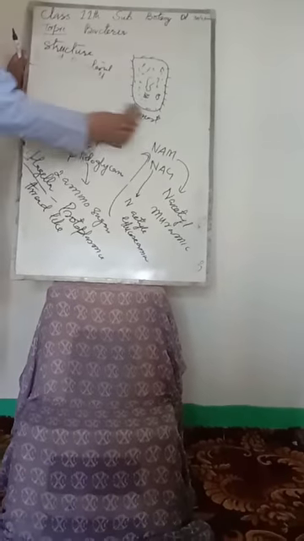From the cell wall of the bacterial cell, protoplasmic thread-like structures arise, or we can say are projected, and those are called flagella.